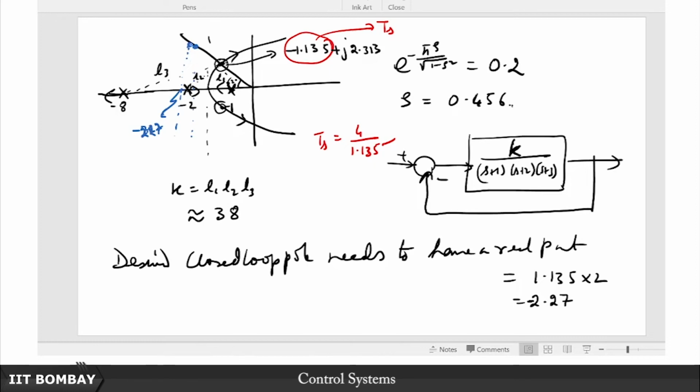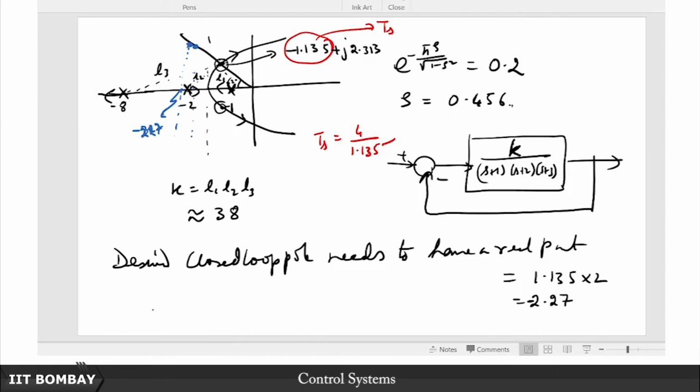For now let me just restrict it at 20%. Notice the ratio of this and this must be the same, because this constant zeta line is telling me the ratio of the real part and the imaginary part. I have found the ratio of the imaginary and the real part for the uncompensated system's closed loop pole. That same ratio will be there for the compensated system's closed loop pole as well, because we are still agreeing to have the same percentage overshoot and hence the same zeta.